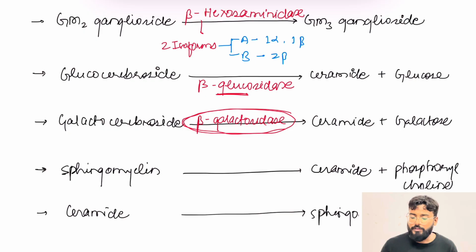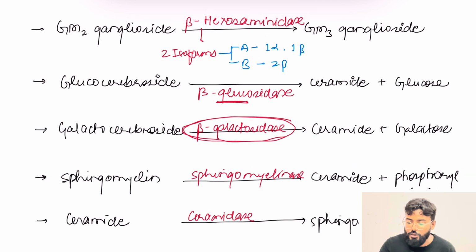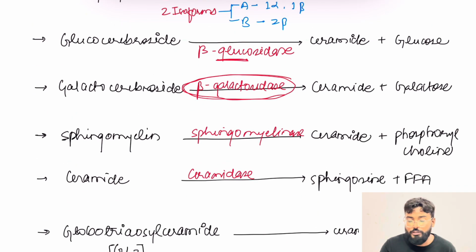Now you see sphingomyelin, when it is broken down into ceramide plus phosphorylcholine, the enzyme is your sphingomyelinase. And when ceramide is broken down into sphingosine and free fatty acid, it is your ceramidase. So these enzymes you need to remember.